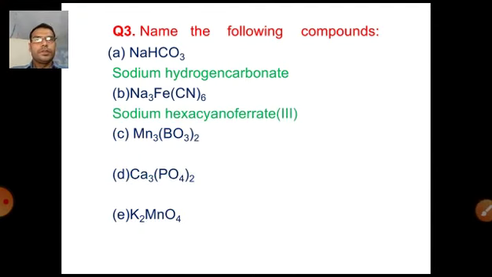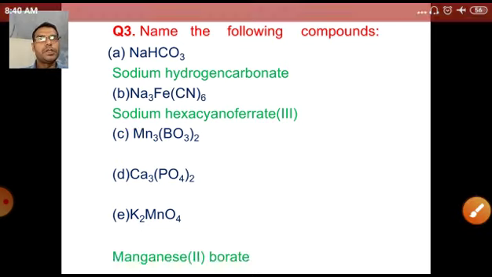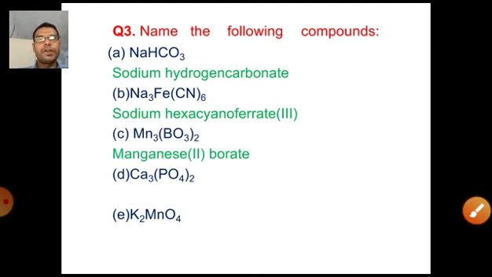Now the next question is C number, Mn3BO3 twice. BO3 is called borate. So the name of this compound is manganese second borate.